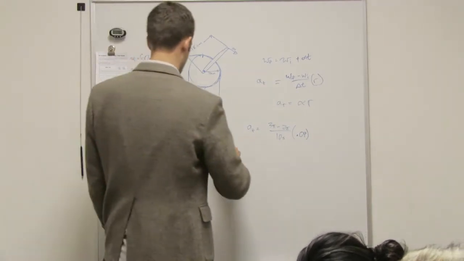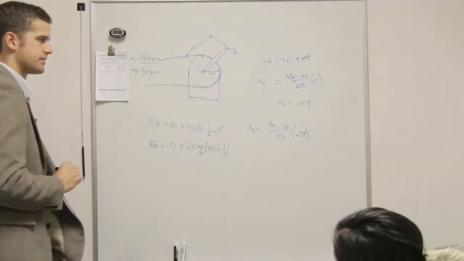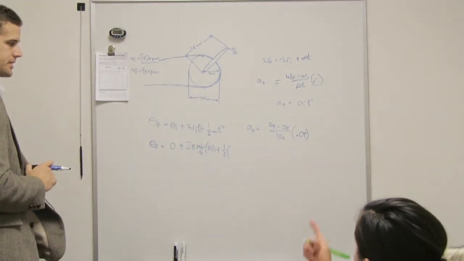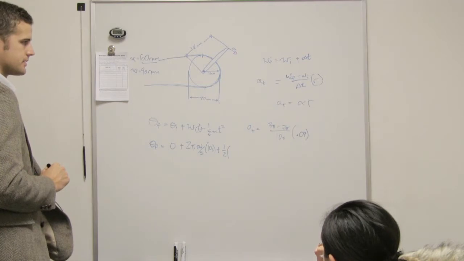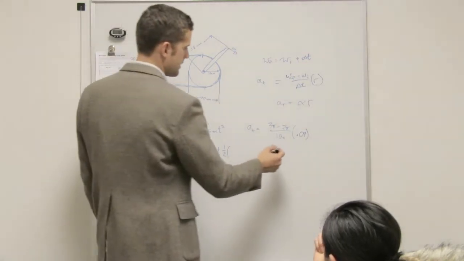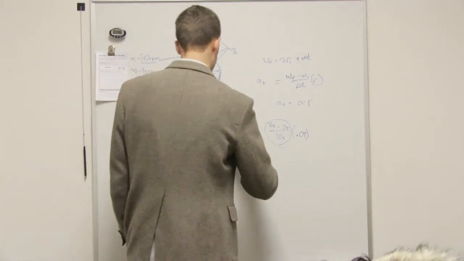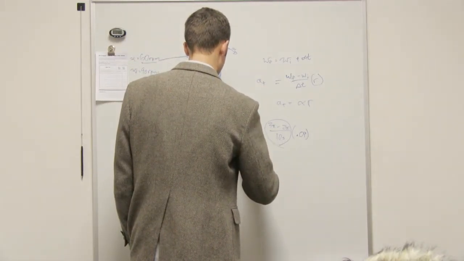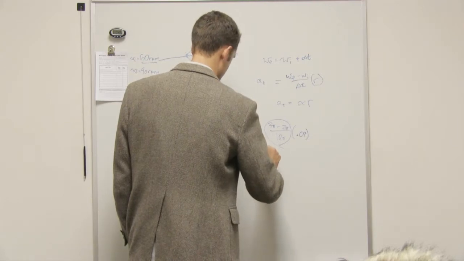Plus 1/2. What's alpha? What we found up there: the final minus initial divided by t. So it's just this part: 3 pi minus 2 pi all over 10, times 10 squared.